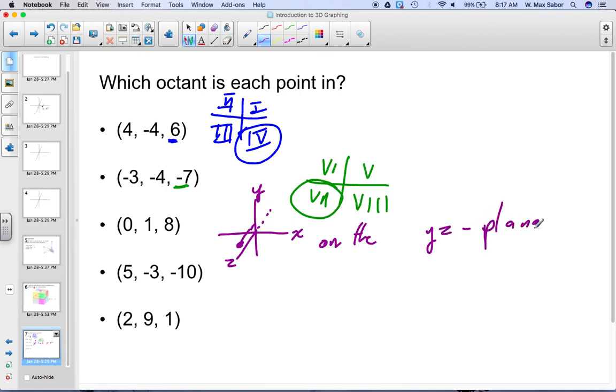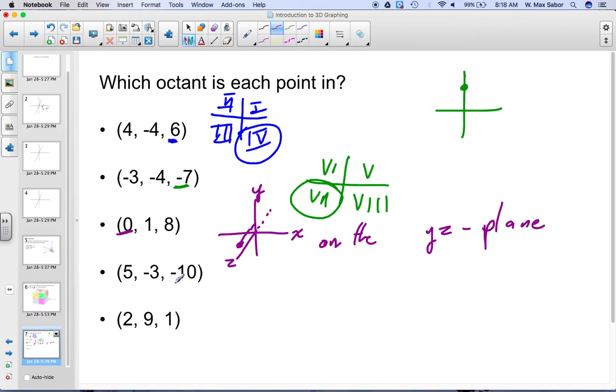And you know that it's in the YZ plane because the x coordinate is 0. If this were 1, 0, 8, then we'd say it's on the XZ plane. So it's on the plane that has coordinates of y and z. It doesn't have any x coordinate, or the x coordinate is 0. So this is a trick question. It's not in an octant because it's on one of the planes. Just like when we say in 2 dimensions, this point isn't in quadrant 1 or 2, it's on the axis. It's an intercept.